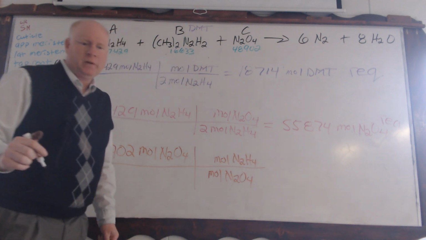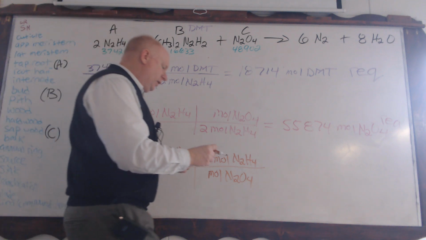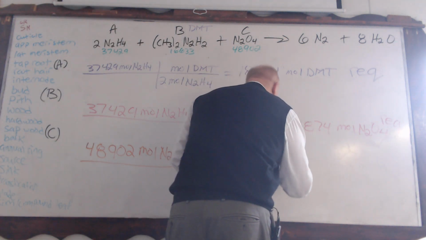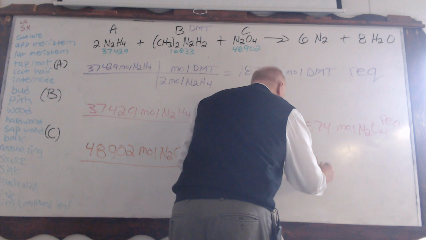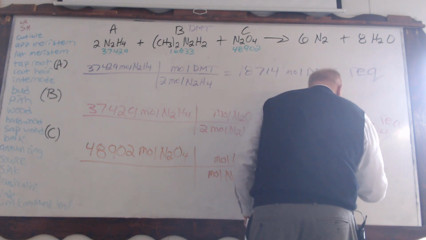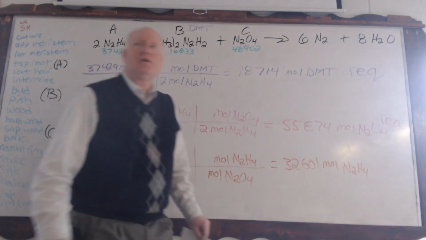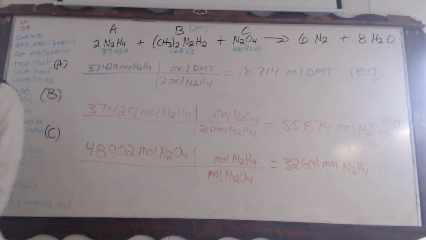Then when we calculate that out, we get 32,601 mole of N2H4. That's the answer you get, but you're not going to get it unless you fix this problem.